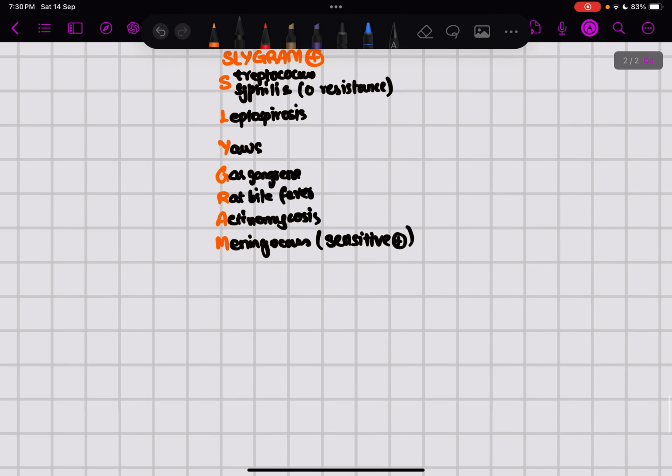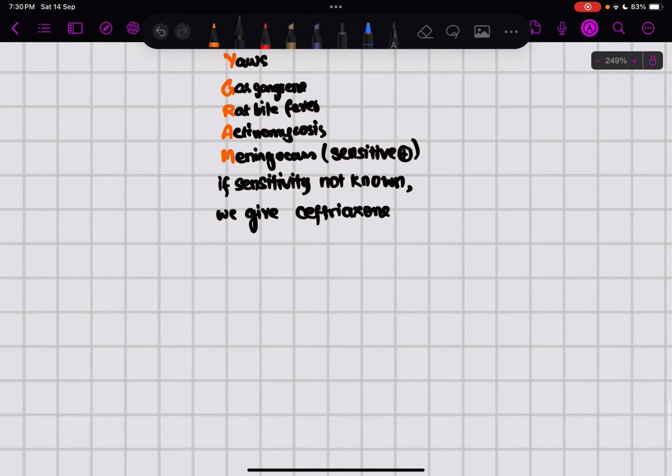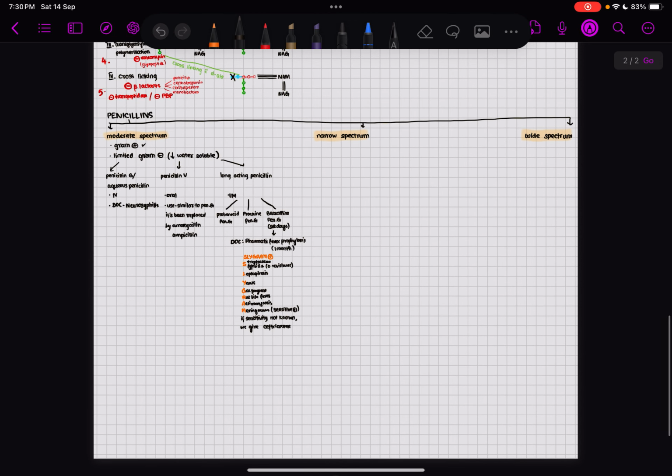If sensitivity is not known, we give what? Ceftriaxone. If sensitivity is not known, we give ceftriaxone. And for narrow spectrum, what we give is penicillinase resistant penicillin or antistaphylococcal penicillin.